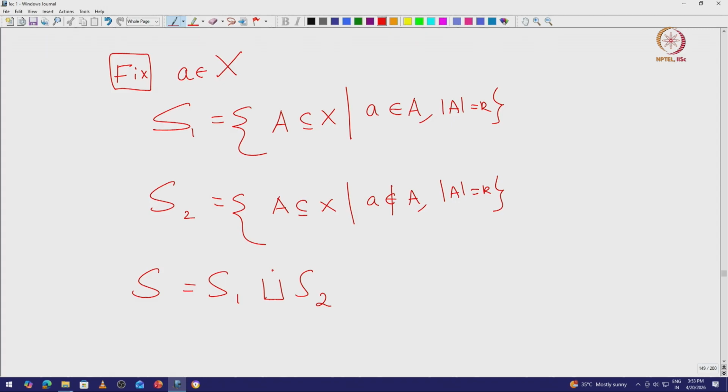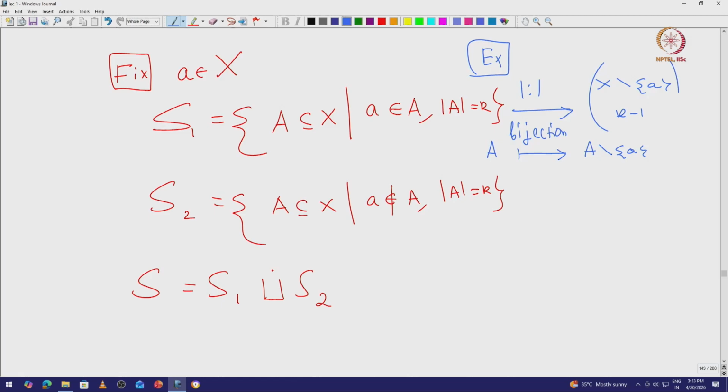And it is not hard to see that there is a bijection from S1 to the following set. Okay. So, maybe let me leave it as an exercise. So, there is a 1-to-1 map or bijection which is given by: you take A and then send it to A difference a, which is a map to the sets where you take X difference a and then choose k minus 1 subsets.